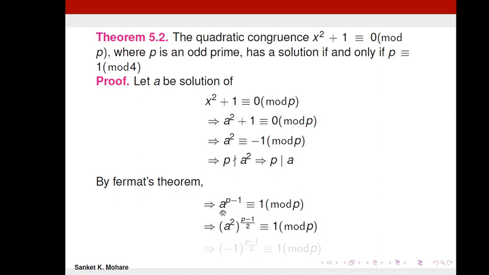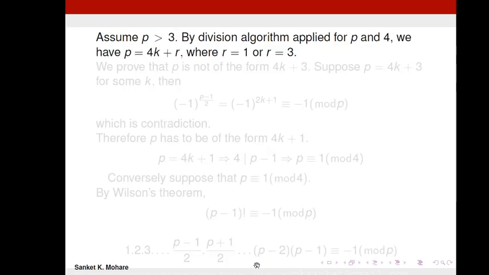This quantity is nothing but a to the power p minus 1, which is congruent to 1 modulo p. But here a squared is congruent to minus 1 modulo p. That's why minus 1 to the power (p minus 1) by 2 is congruent to 1 modulo p.